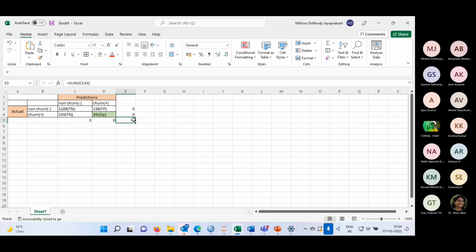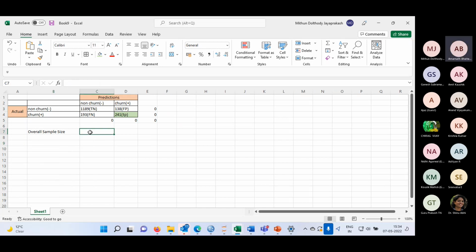Right. Now, there are certain things which I'm going to write here. Overall sample size is how much in this data set? 1761. Very good, 1761. Correct. In the overall accuracy metric, how much did you get?